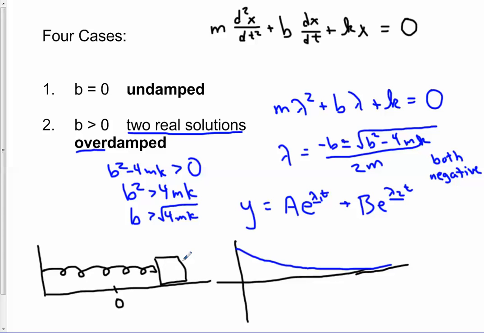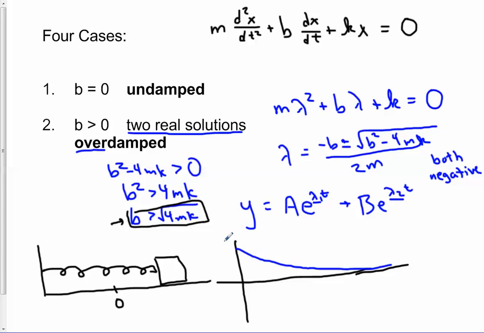Normally we think of a spring as going back and forth, but if it's overdamped, if there's a lot of damping, if there's a lot of resistance compared to the k of the spring and the m of the mass, defined by this little inequality right here, then actually what will happen is this thing will start moving in, but it'll slow down, slow down, slow down, and just kind of creep towards 0.